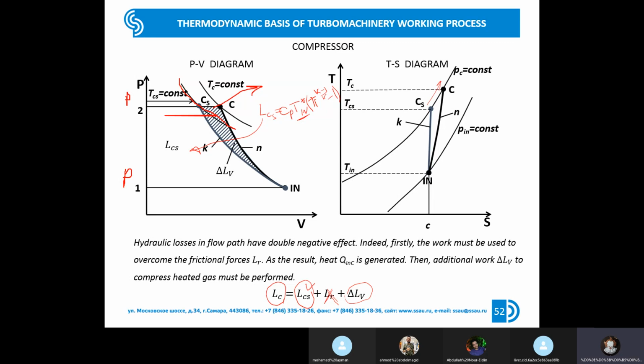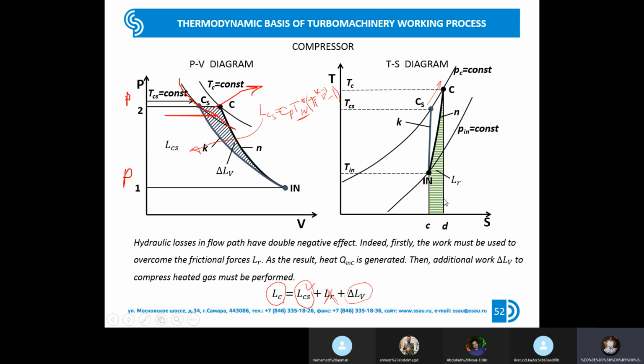So, let's try to find all elements of this equation which explain the process of energy exchange during the compression process in the TS diagram. About LR, this is resistance losses. This is the specific work which you spend to overcome losses. We assume that finally this energy is converted to supplying heat. And we know that in the TS diagram, supplying heat is the area under the line.